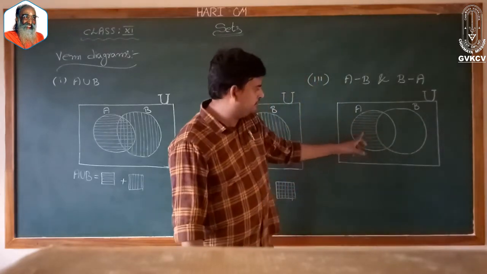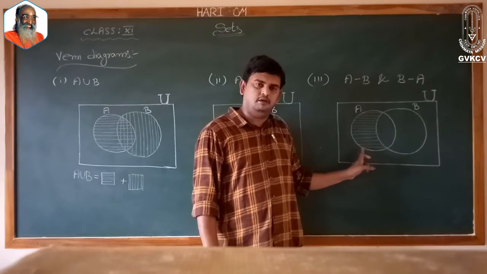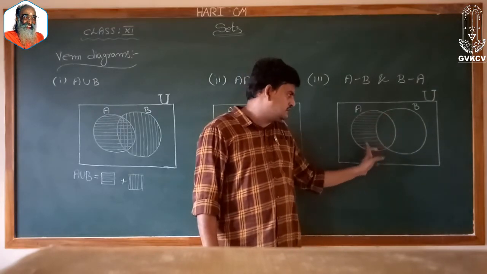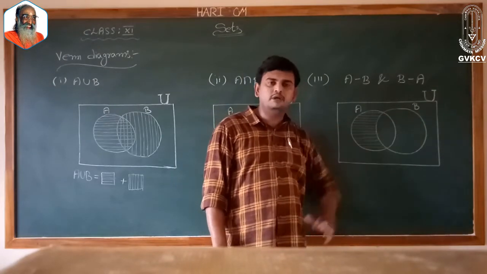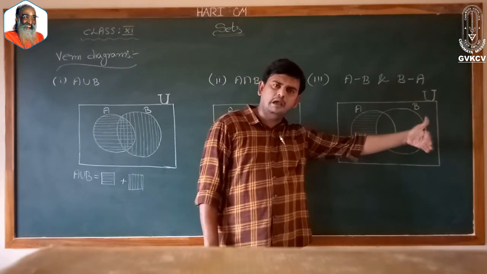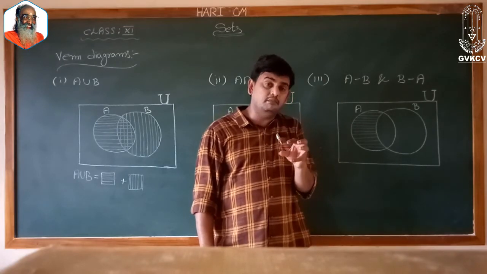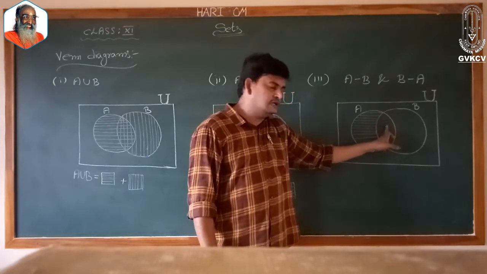Now you observe the shaded portion is only for A. In this shaded portion I am not including B, meaning the part of B we are completely eliminating. You may ask, sir, this is also part of A?